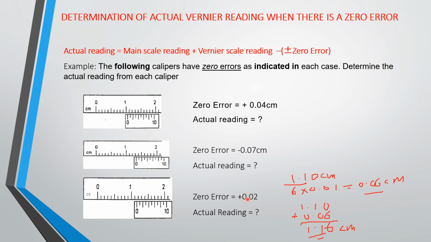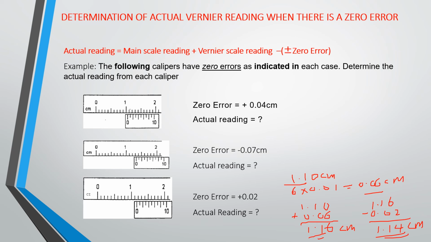So I'm going to subtract this 0.02 from this reading. So when you do that subtraction, you have 1.16 minus 0.02, that gives you 1.14 centimeters.